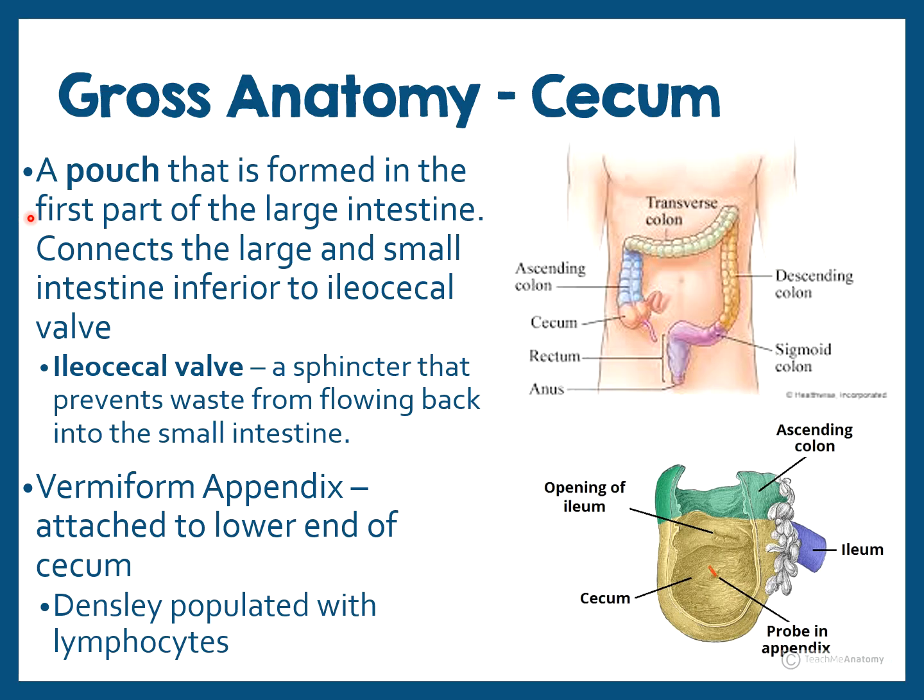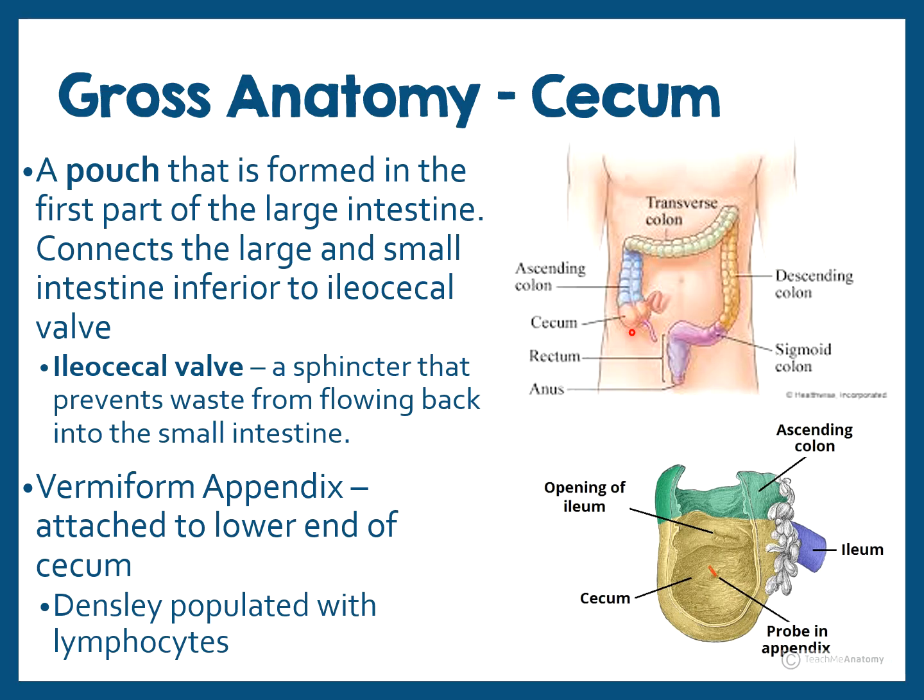Recall that that is a sphincter that will prevent waste from flowing backwards into the small intestines. So when residue starts to fill up the cecum, it will actually pinch that valve shut so that way the waste cannot go backwards. And then there's going to be this appendix.